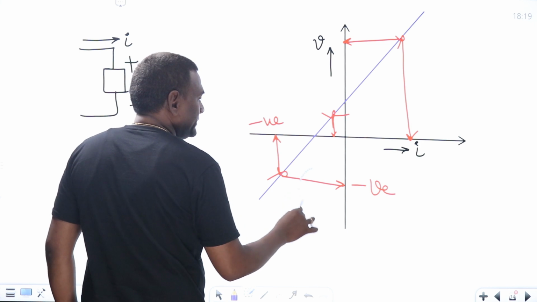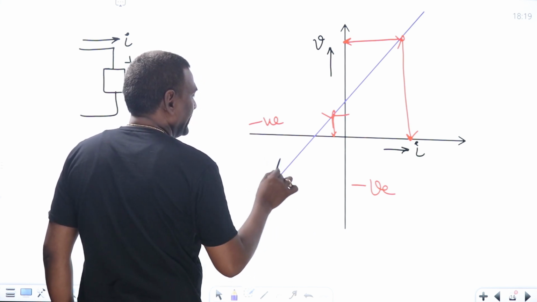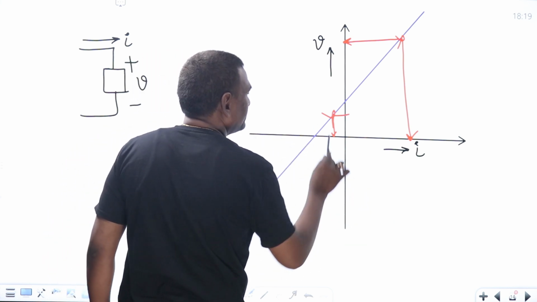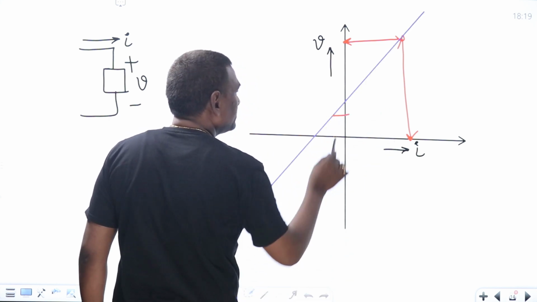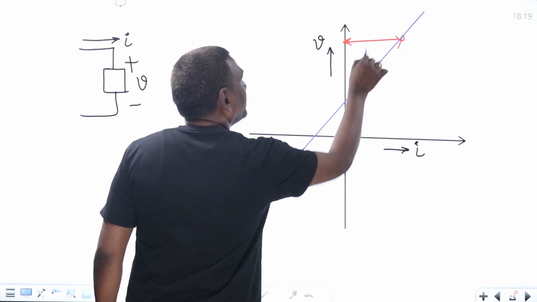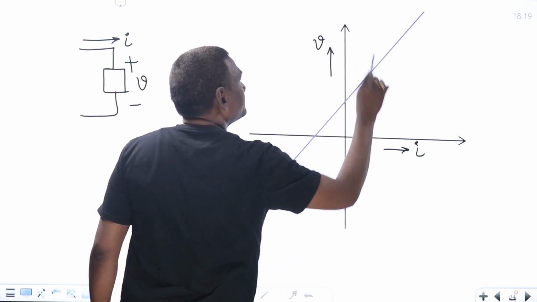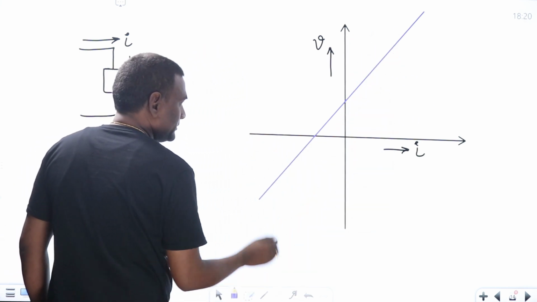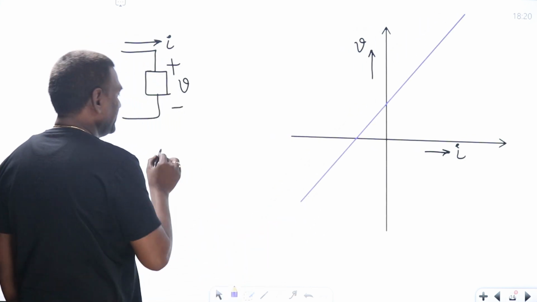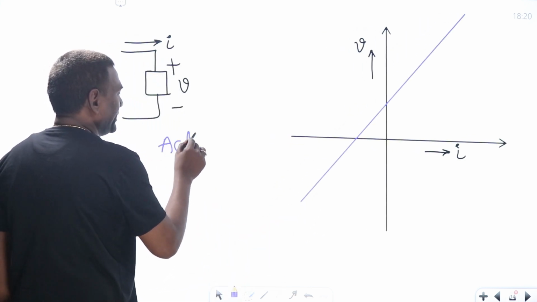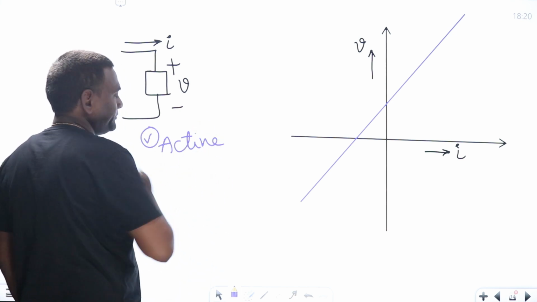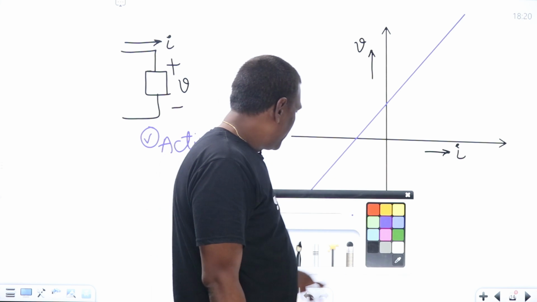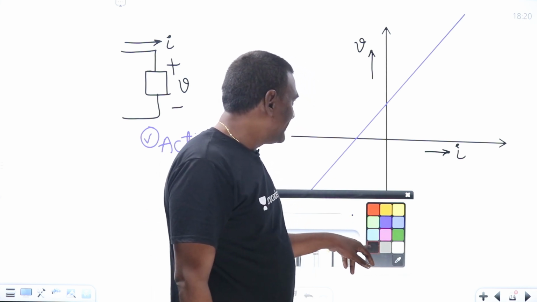So here it is going to be active. So the conclusion is this particular characteristic will make the element, or the system, active. Problem solved.